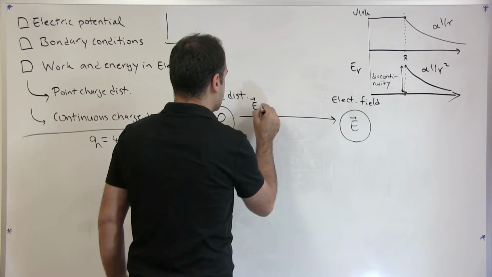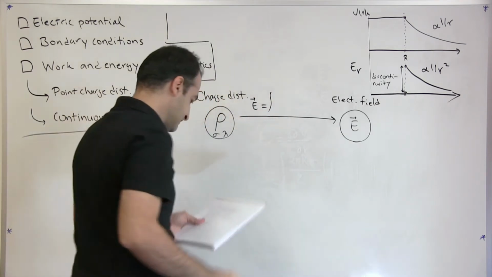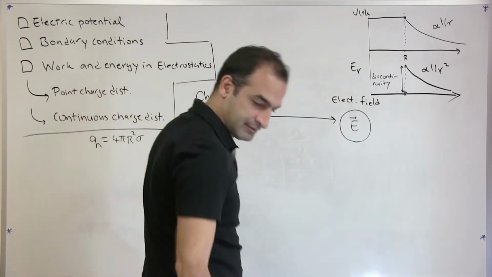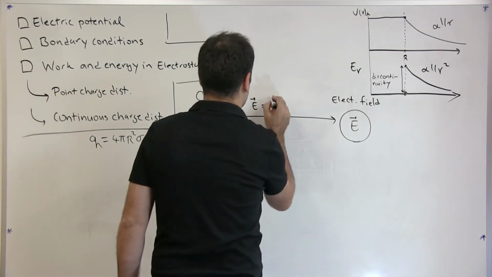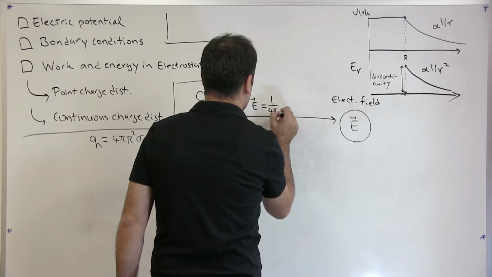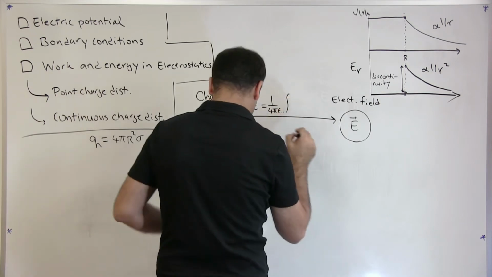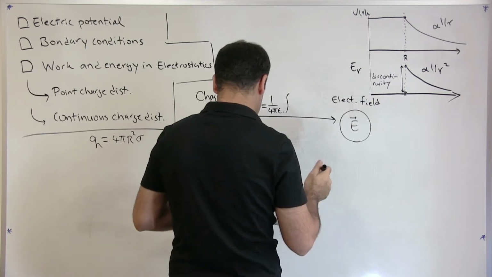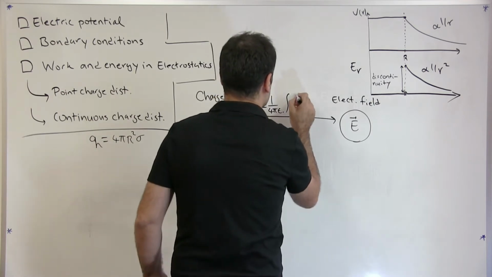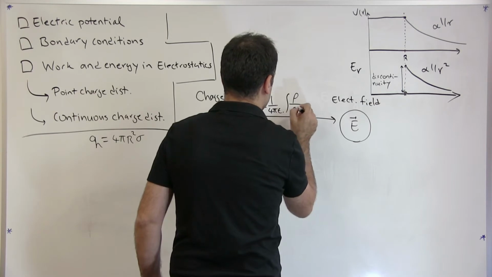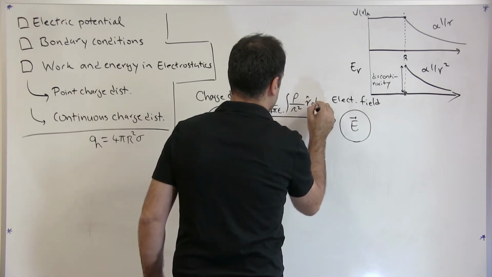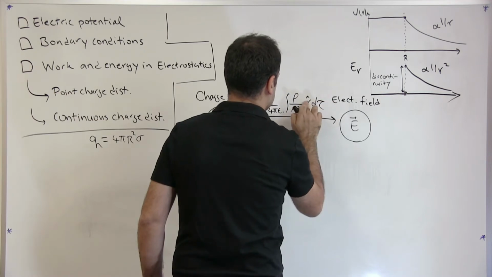E is 1 over 4 pi epsilon 0, the integral of rho over the separation vector squared, r hat d tau.